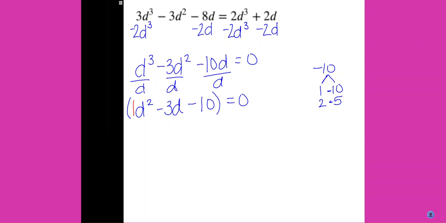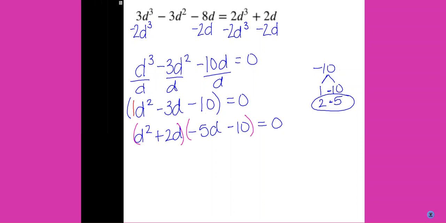So my pair that adds to negative 3 would be 2 and negative 5. Then factor by grouping.